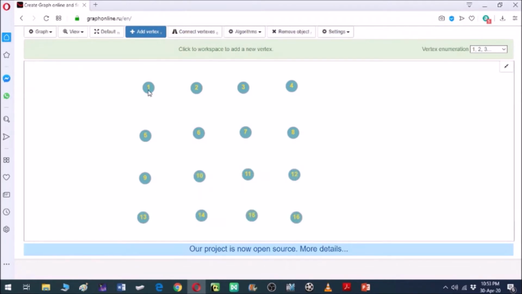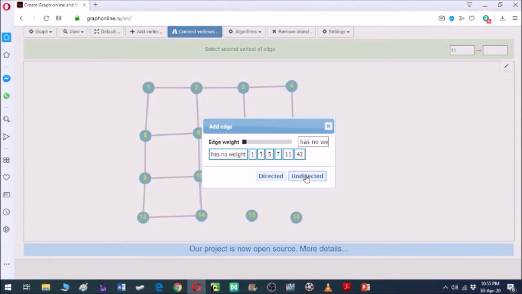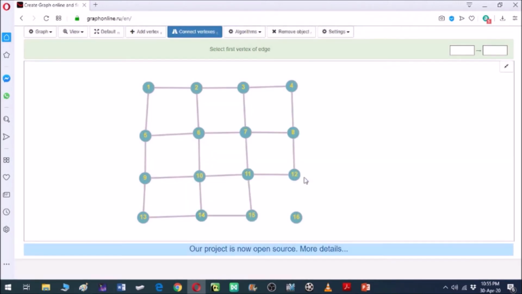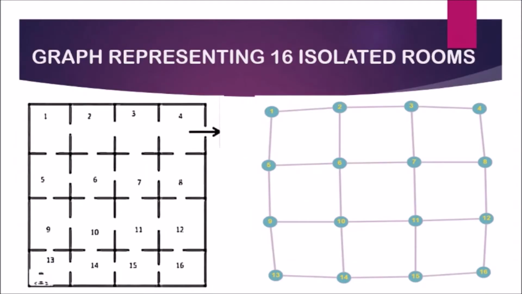We connect two vertices if the corresponding rooms are adjacent. Here is our graphical representation of the 16 rooms in the puzzle.